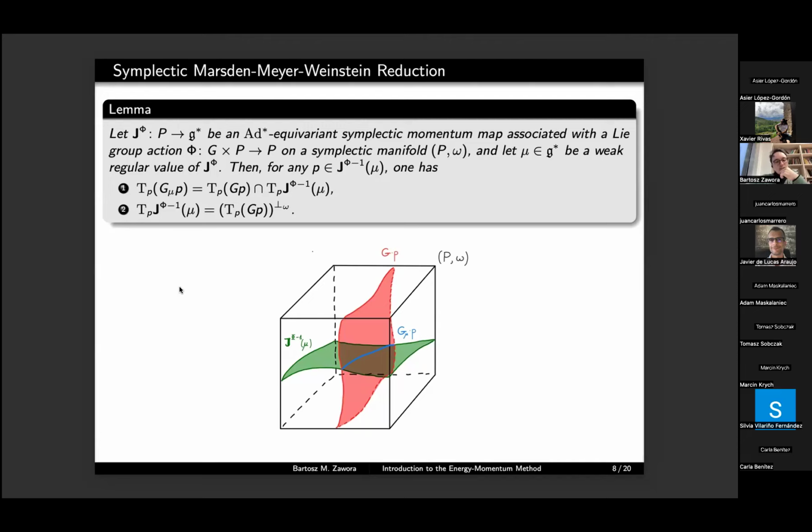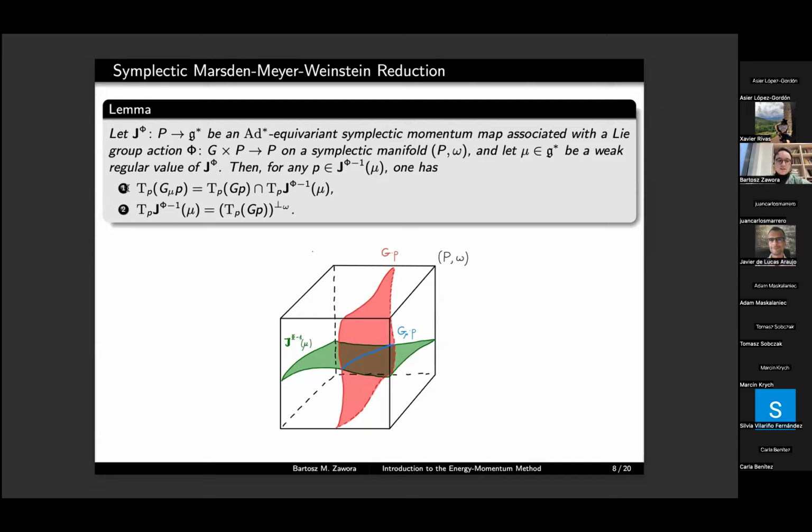Basically this lemma connects and shows the properties between the submanifolds of the initial symplectic manifold, and shows the relation between them.